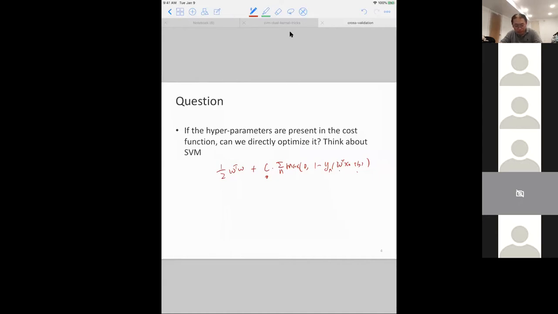Any suggestion? Any idea? Can we jointly minimize this objective with respect to W, B, and C? Can we do that?